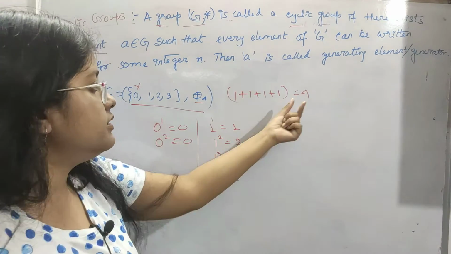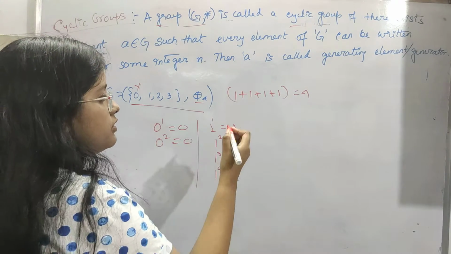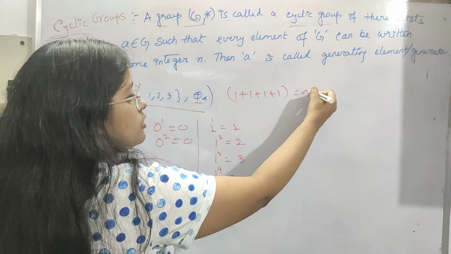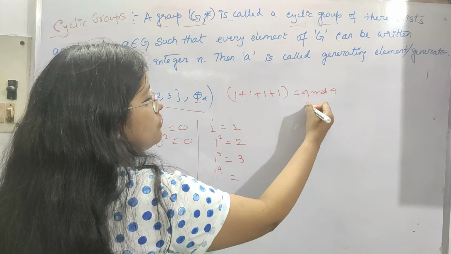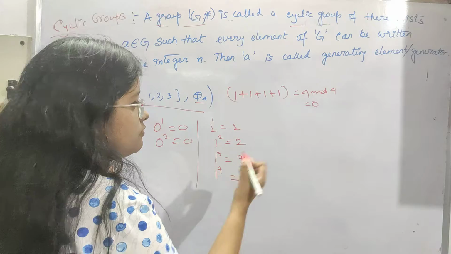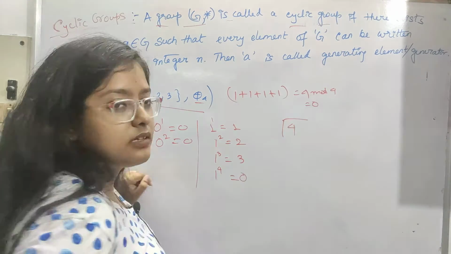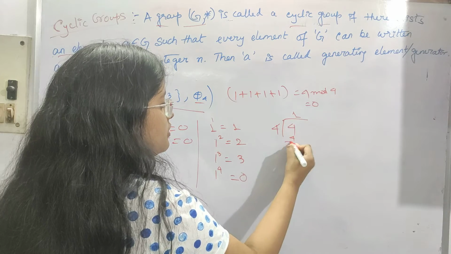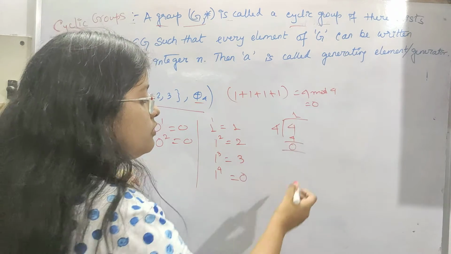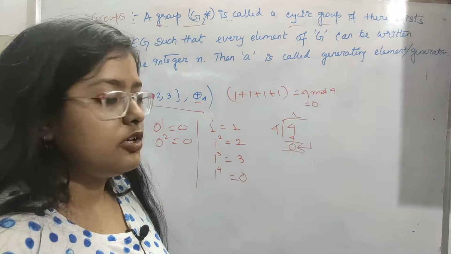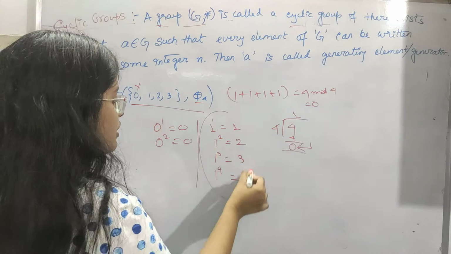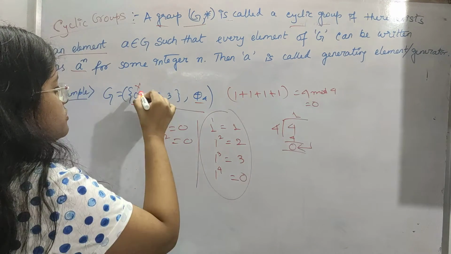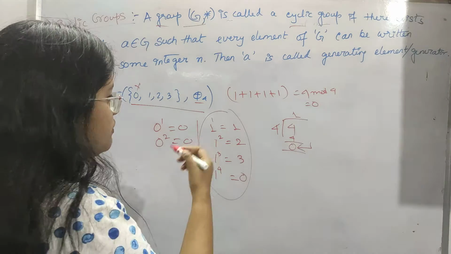When it reaches 4, it will take the modulus of 4. 4 modulus 4 will give you 0. The modulus takes the remainder value. So you can see we have generated all the other elements, 0 1 2 3, everything is generated.